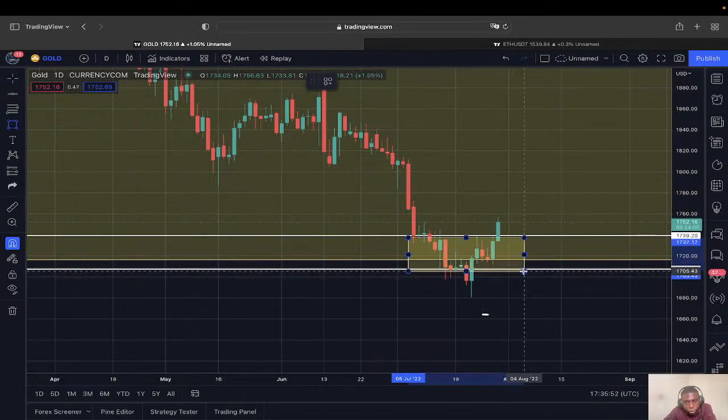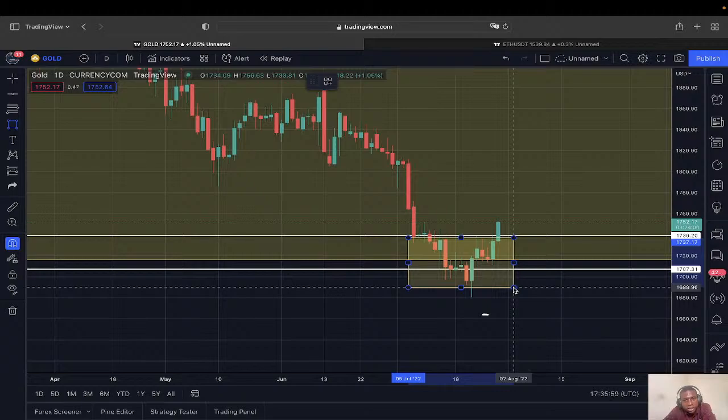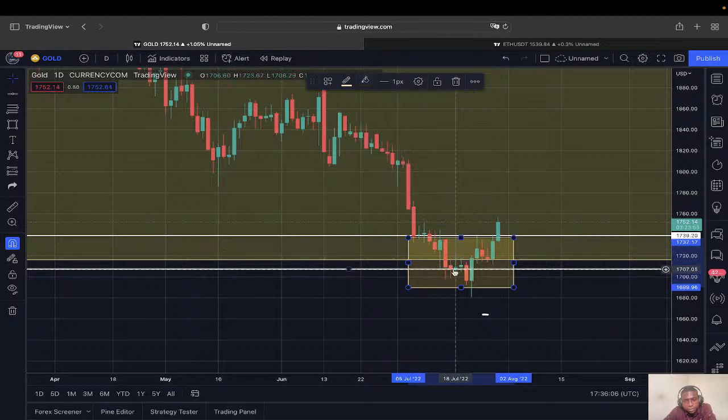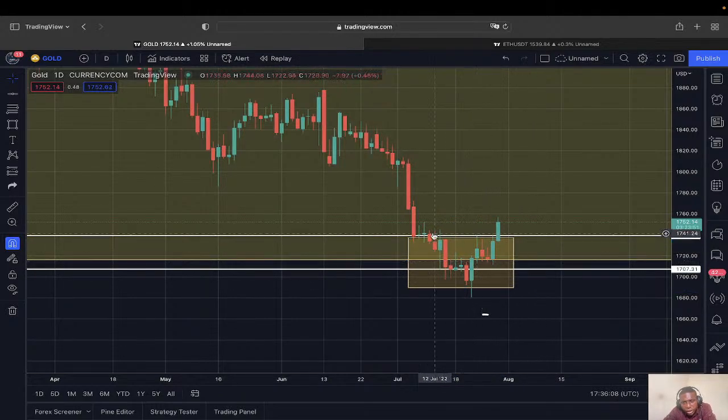You see that price has been rallying at this level. Don't forget we are looking at the daily time frame. Price that has been rallying at this level has now broken out of that level and pushed price up.